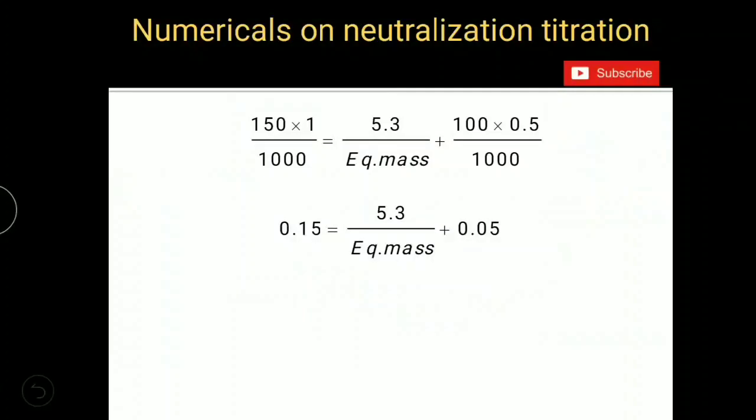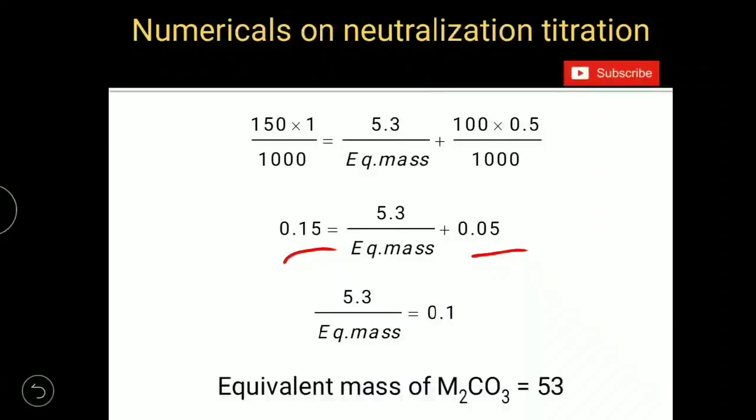If you simplify this, 150 by 1000 will be 0.15, and 100 into 0.5 by 1000 will be 0.05. So 5.3 by equivalent mass will be equal to 0.1. So you will get the equivalent mass of M2CO3 as 53.